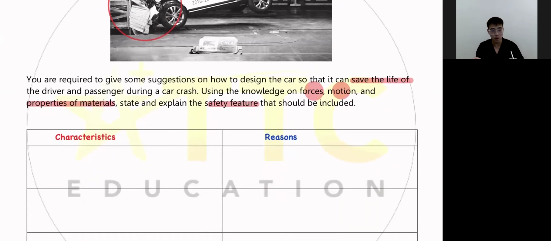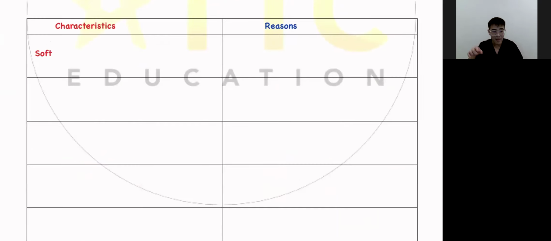Actually, at the back of the car also, they will purposely make that material softer, because they want that part of the car to crumple during a car crash. And because crumpling will increase the time of collision. When it crumples, let's say another car crashes into this car. If the crumple zone is soft, the impact will take longer to reach the driver inside.